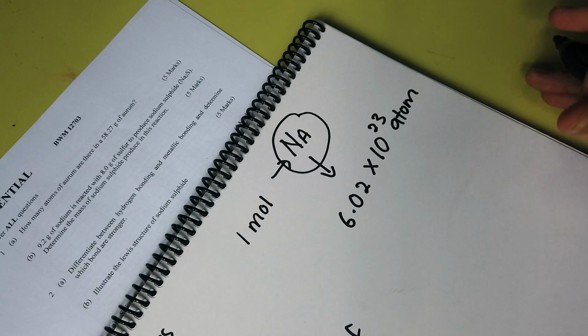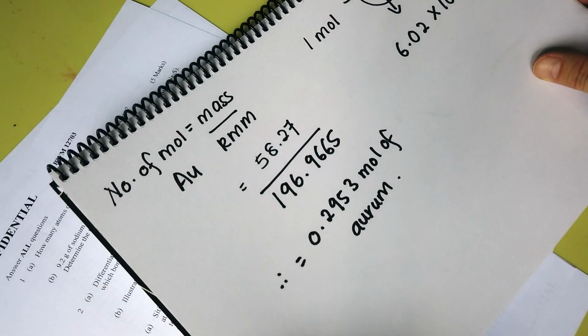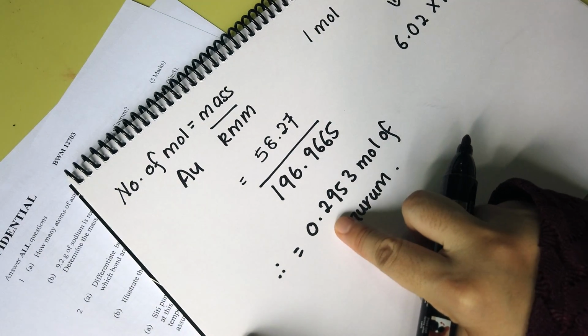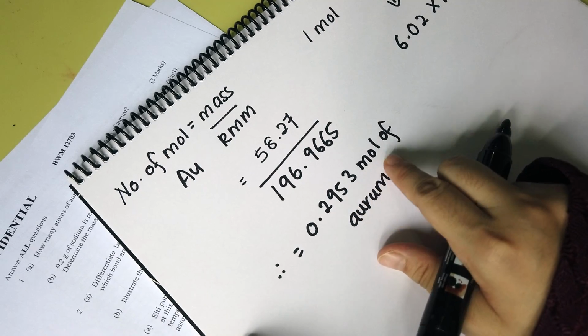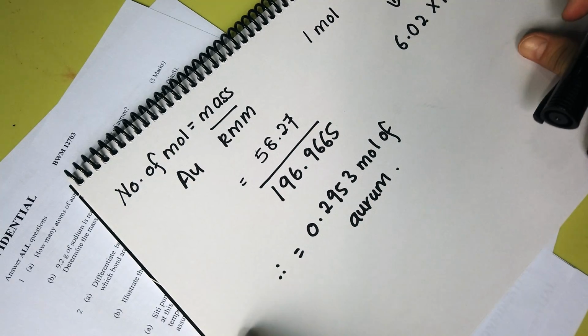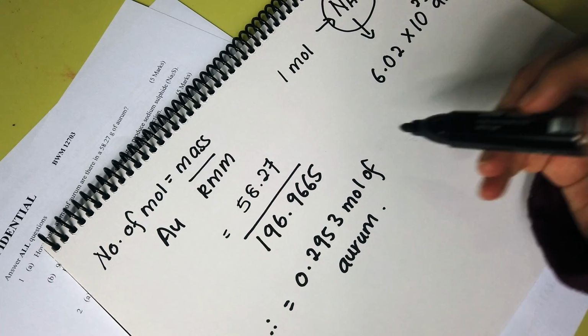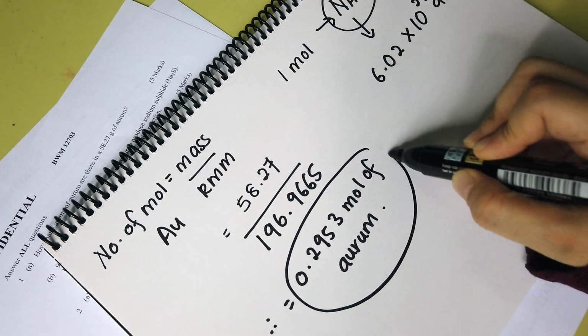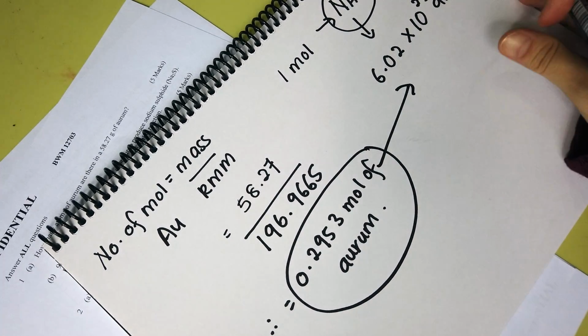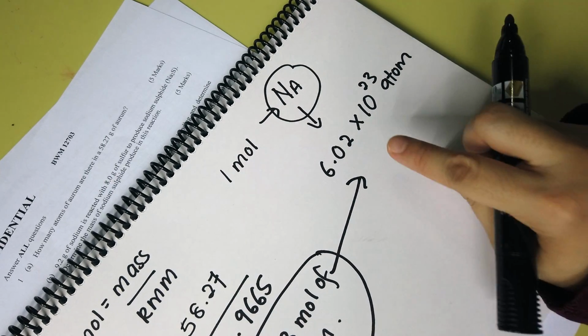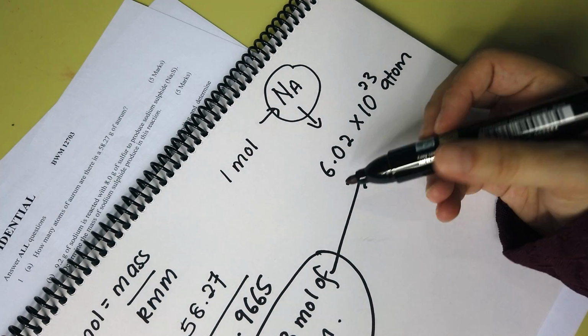Therefore, since we have calculated the number of mole equivalent to 0.2953 mole of aurum, what you can do is take this number of mole and times this Avogadro number.